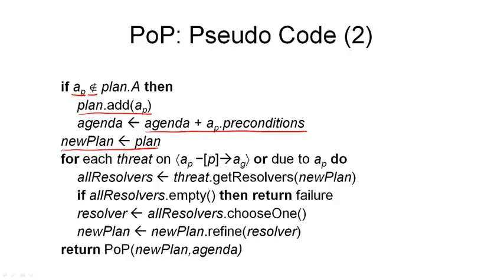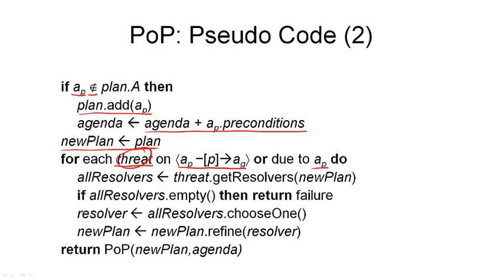As I've explained earlier, the introduction of new actions or new causal links into a partial plan may also introduce new threats. And this is what we will deal with next. So what we have here is a loop over all potentially new threats. These are threats on our newly introduced causal link or threats that are due to the new action. Of course, if this was an existing action, this cannot introduce new threats into the plan, but we can always have threats on our new causal link.